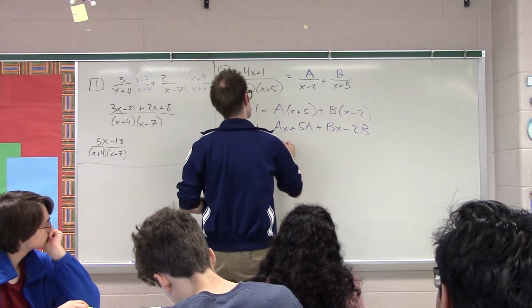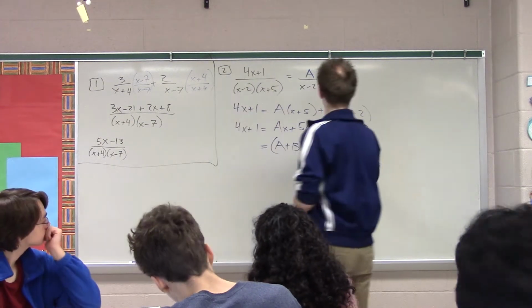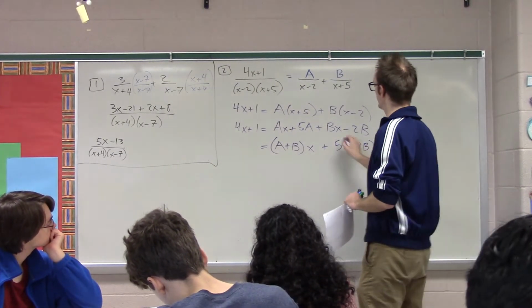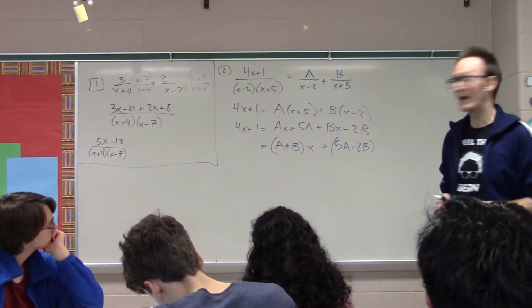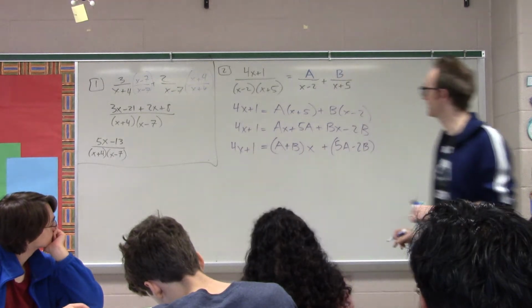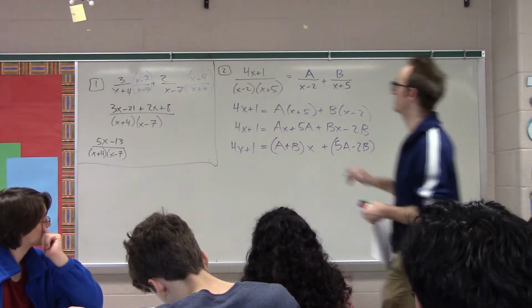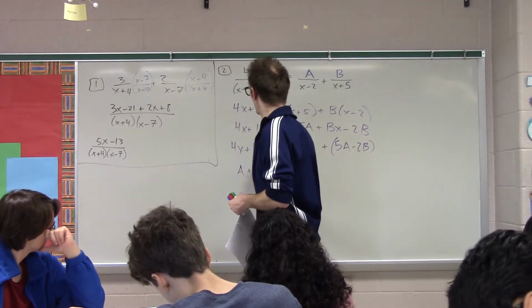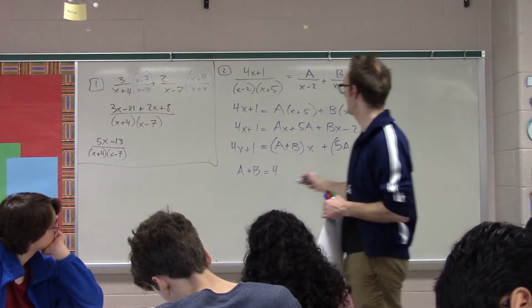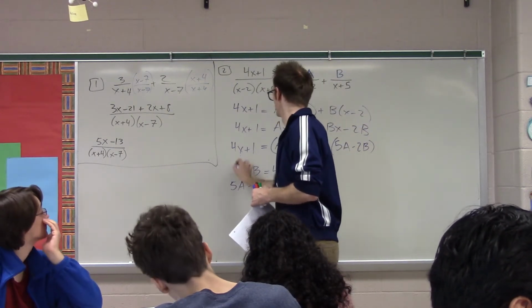The linear term of that polynomial is a plus b, and the constant term is 5a minus 2b. But if that equals 4x plus 1, then there's only one conclusion: a plus b must be 4, and 5a minus 2b must be 1. Is this what you guys did?